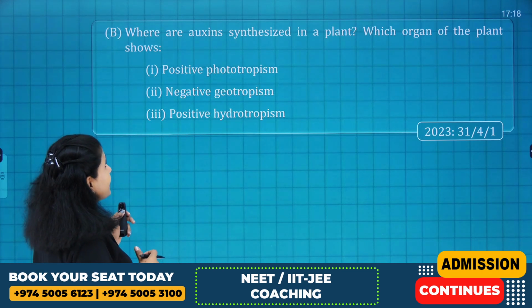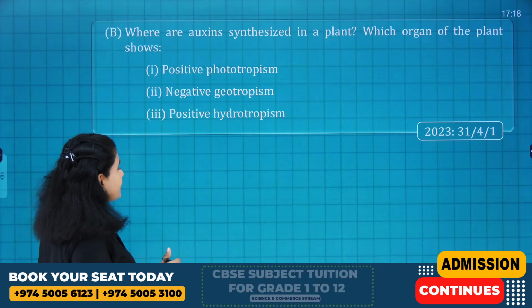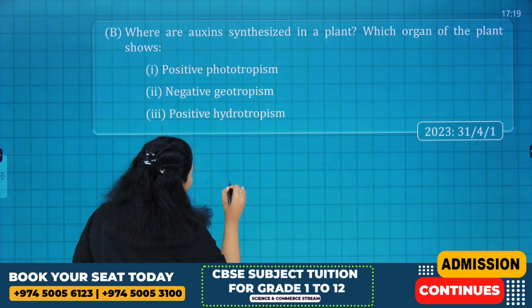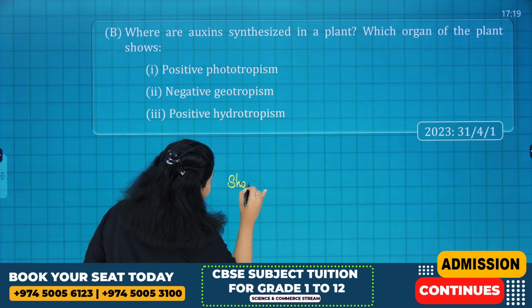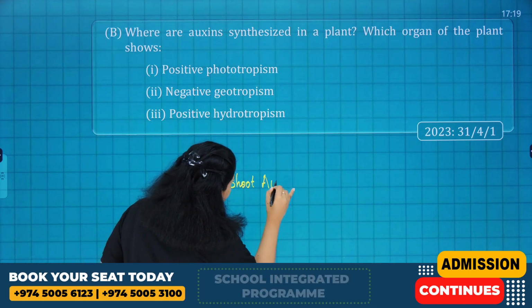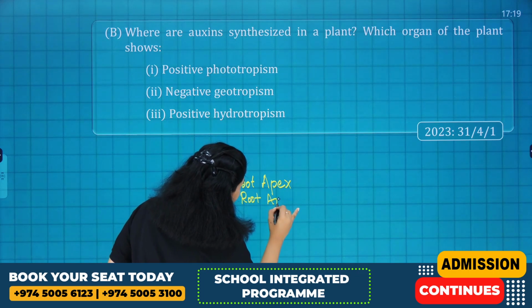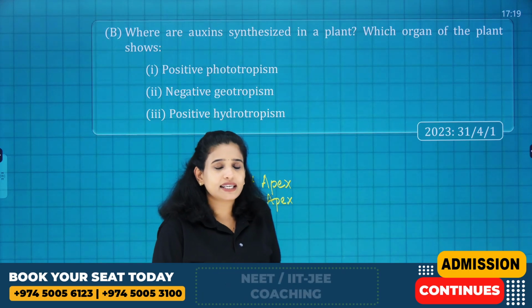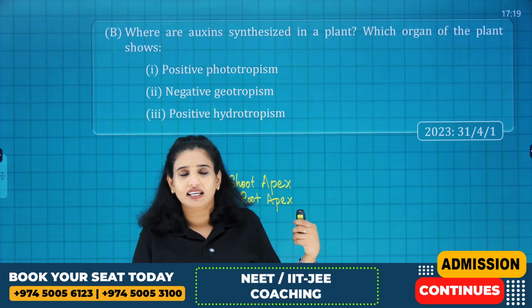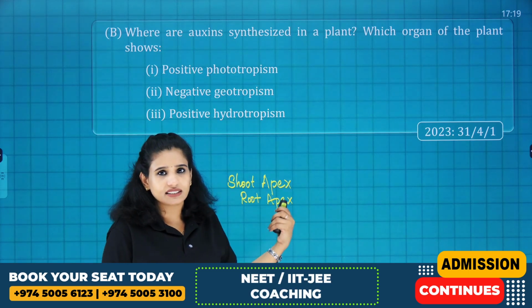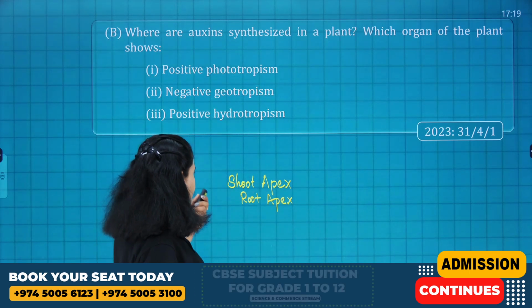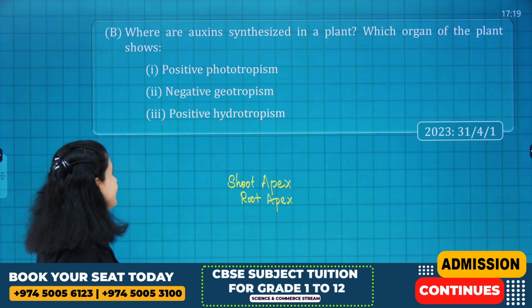Now, here what is given? Where are auxins synthesized? Auxins are synthesized in the shoot apex and also root apex, the apex at the tip of a plant. We can see the auxins in the tips of plants, root apex and shoot apex.